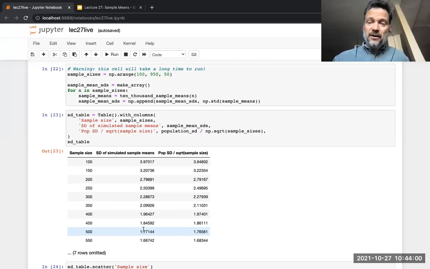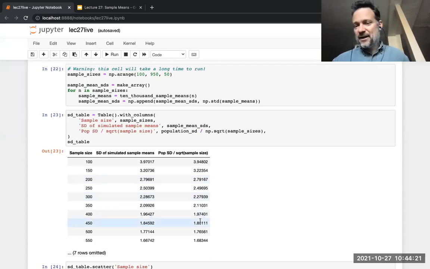And then I've also shown in this table what the central limit theorem rule says. The central limit theorem tells you that the SD of the sample means can be obtained by this formula, the population SD divided by the square root of the sample size. So I put what you get from the formula in this last column.